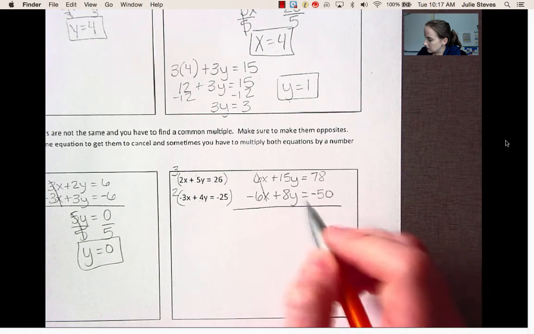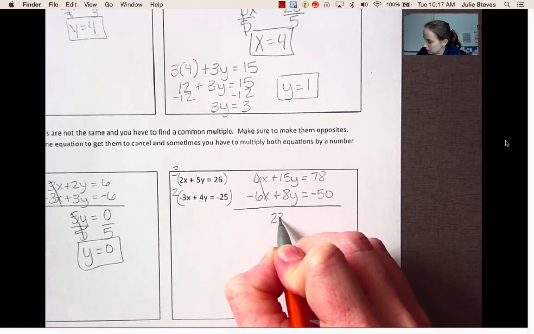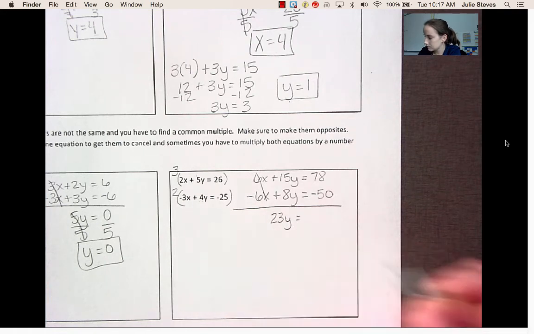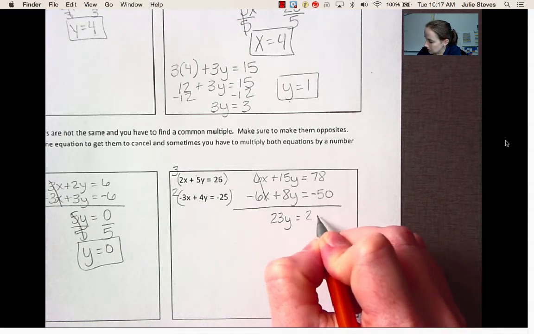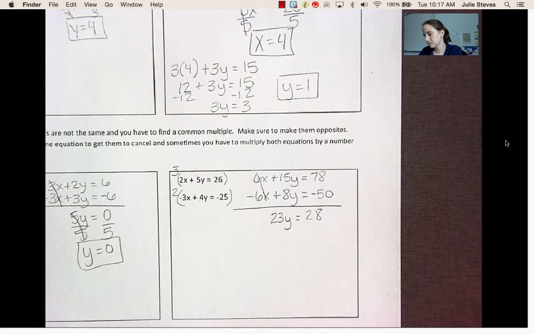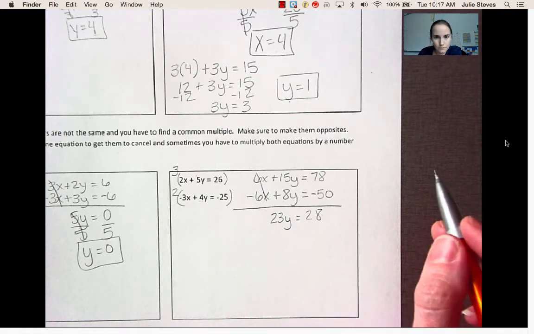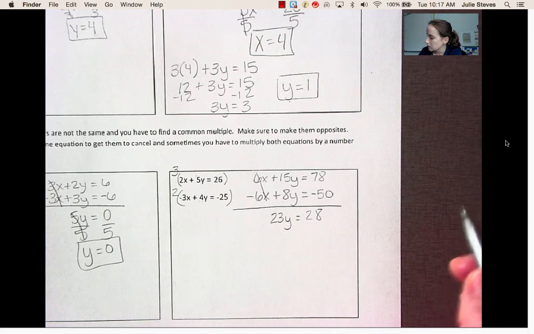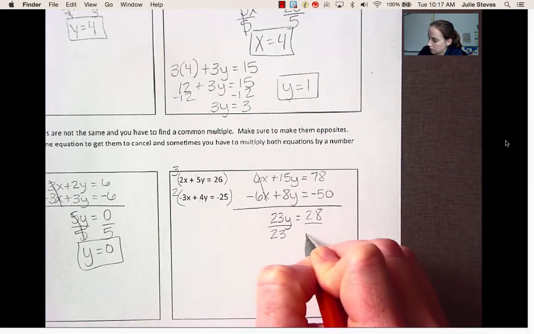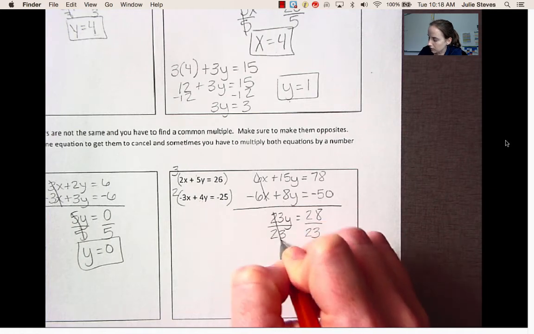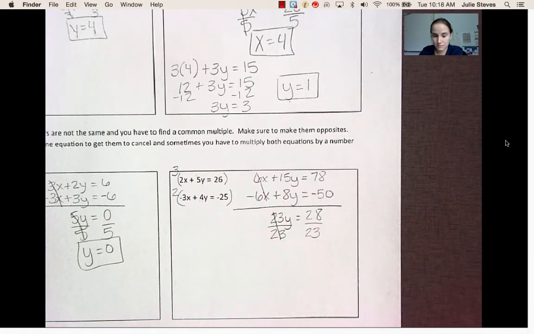15 and 8 makes 23 y's. And then here we have 28. As long as I've done everything correctly. Okay, if I divide by 23, divide by 23, I should have picked a value that works nicer than this.